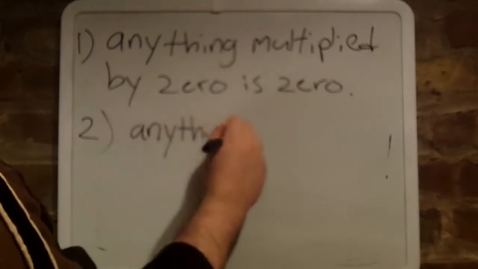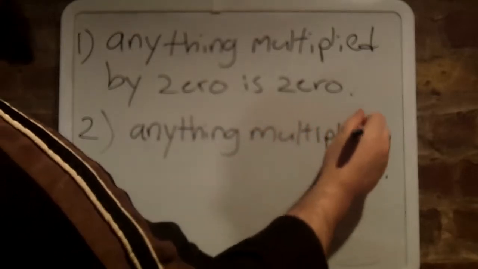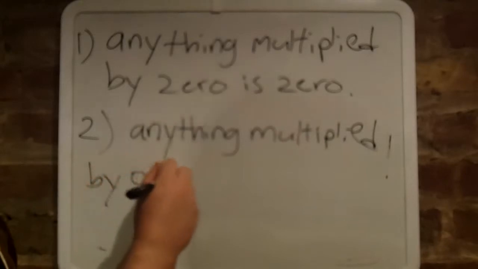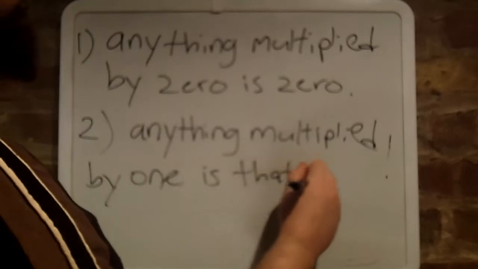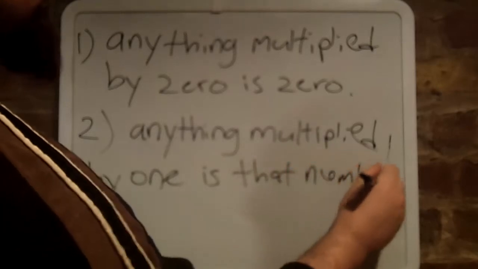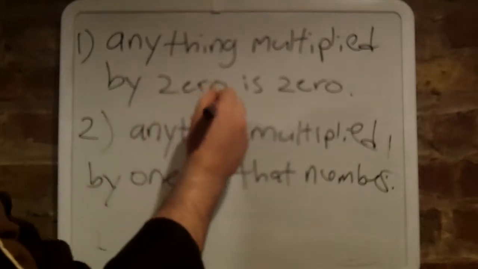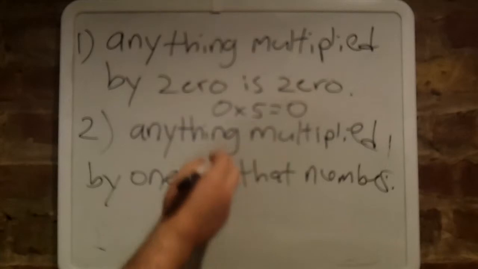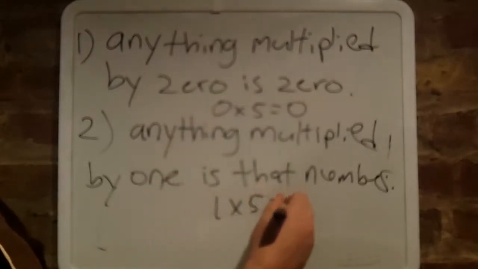Second rule is anything multiplied by 1 is whatever that number is. So I suppose I should put an example here. For example, 0 times 5 is 0. Here I would have, say, 1 times 5 is 5.